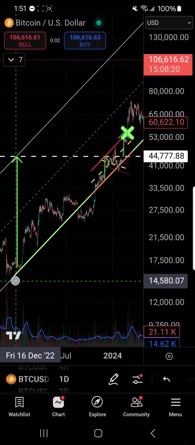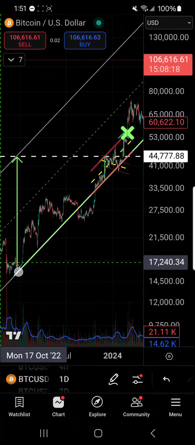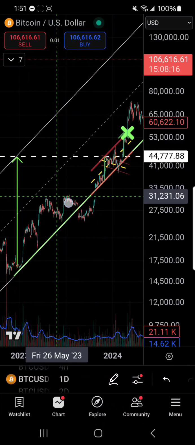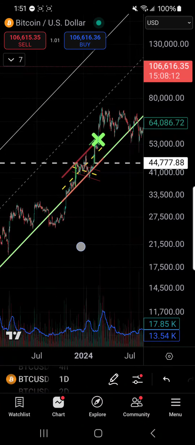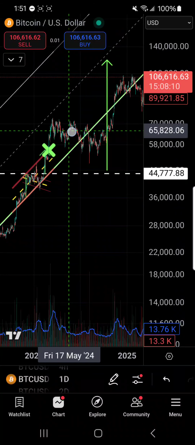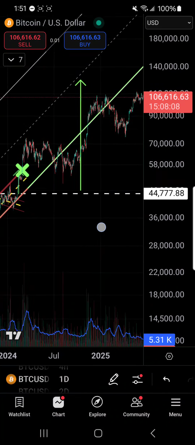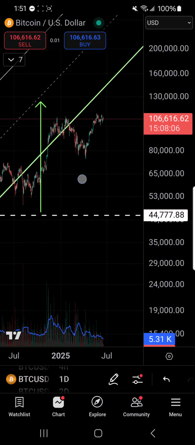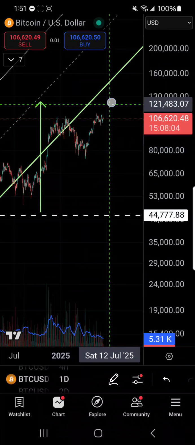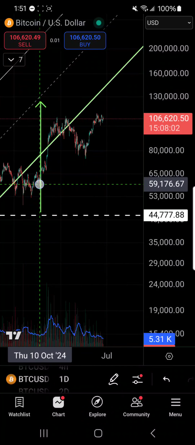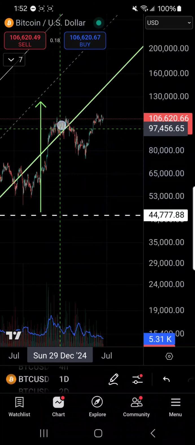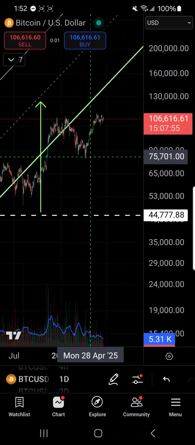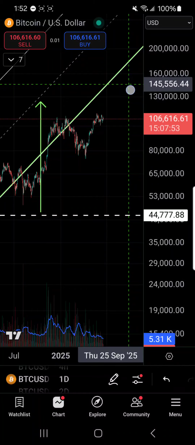So here we have overall a wave 1 and a wave 2 and a wave 3 and a wave 4. And currently we are in an extended wave 5, which itself consists of wave 1, wave 2, and we are in wave 3 right now.